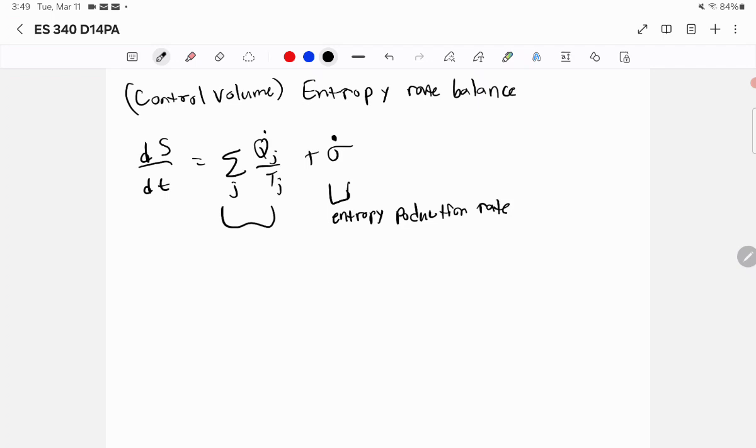This will be the entropy transfer rate. And this is the rate of change of entropy. Okay, so this would be my entropy rate balance equation.